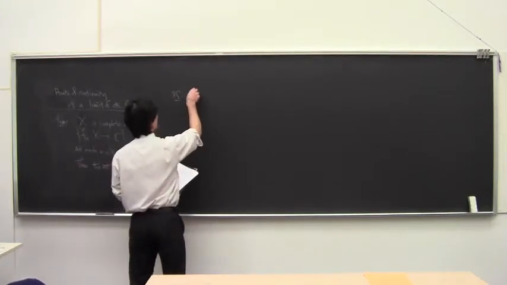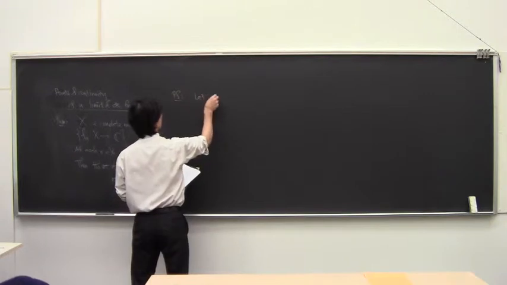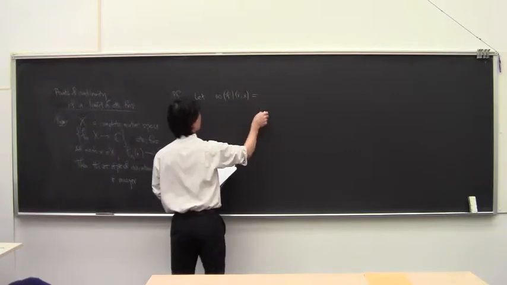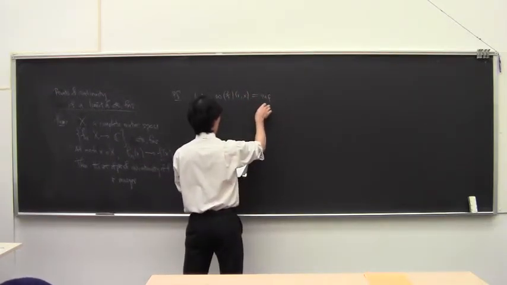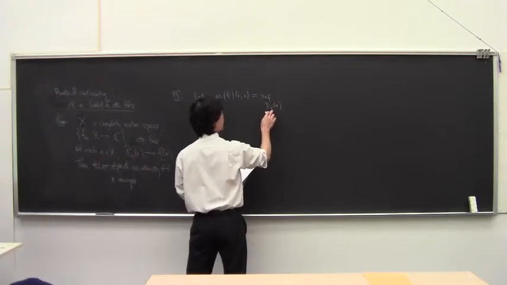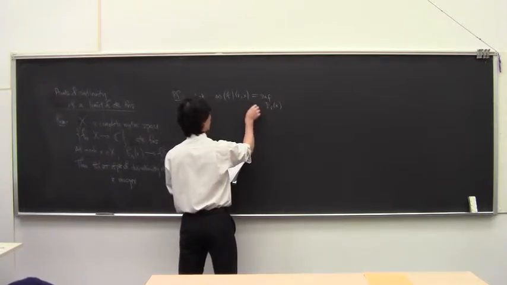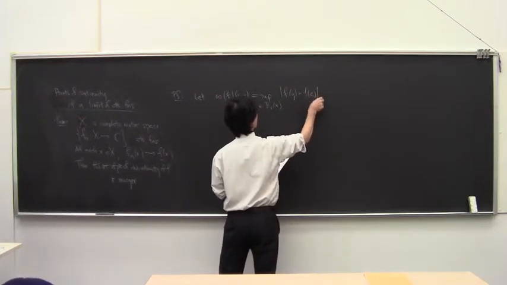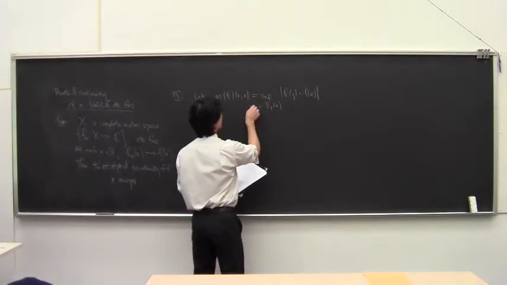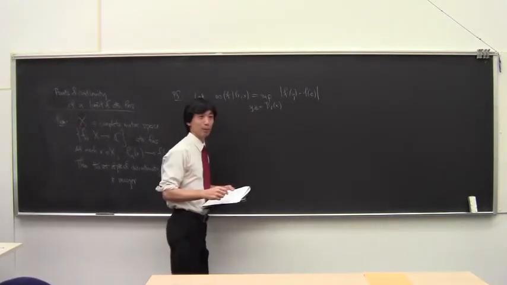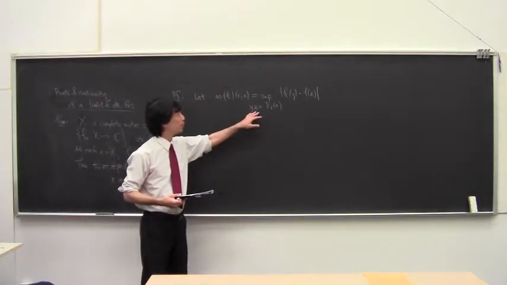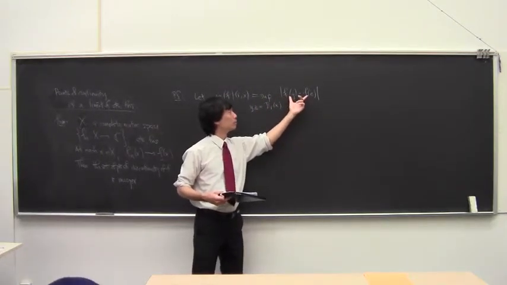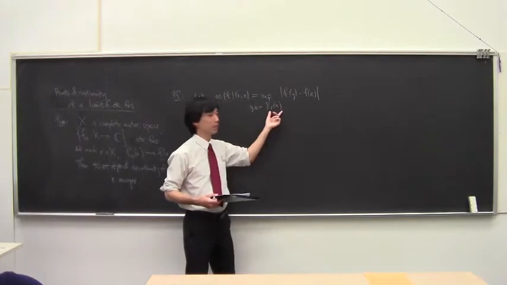Let omega_f(r, x) denote the supremum over the ball of radius r centered at x of |f(y) minus f(z)|, the supremum over all pairs of points in the ball.